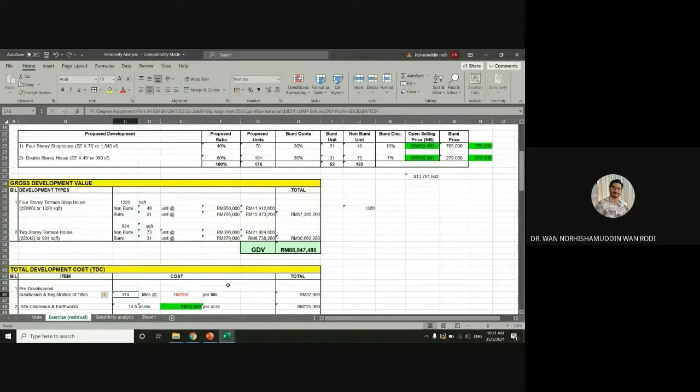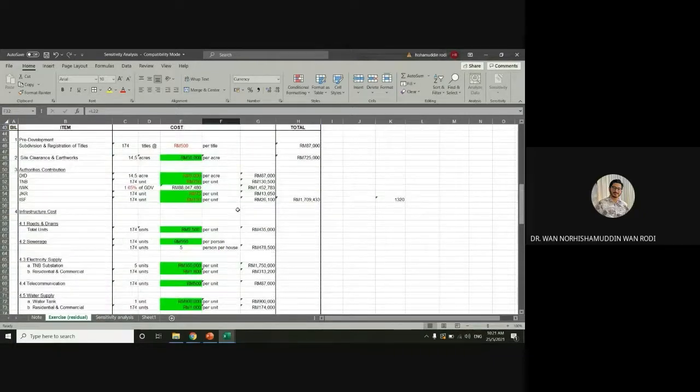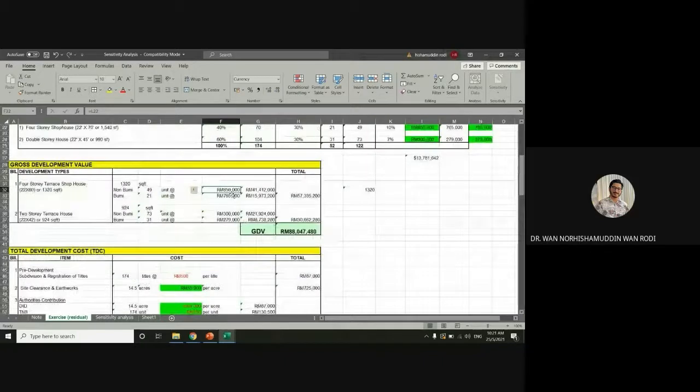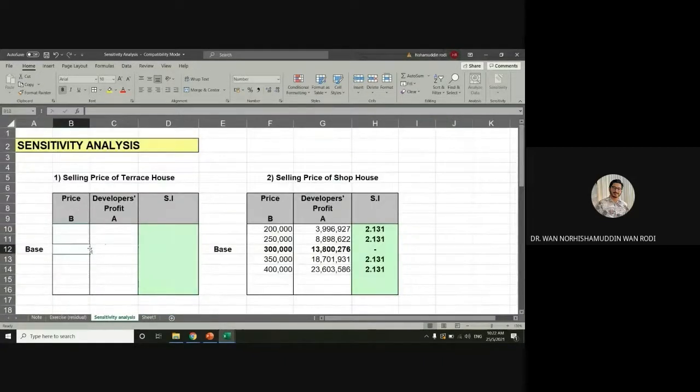The first one is the sales price, 850. So the 4-story terrace shop house is stated at 850,000 per unit. What happens if we change the price, to our profit? Our base value is 850, so you just take this amount and put it inside the table, 850,000.